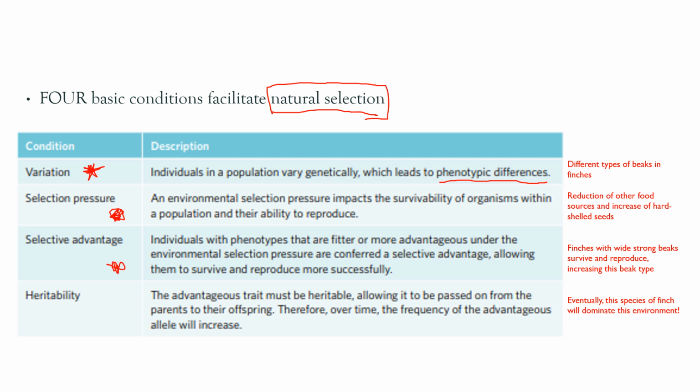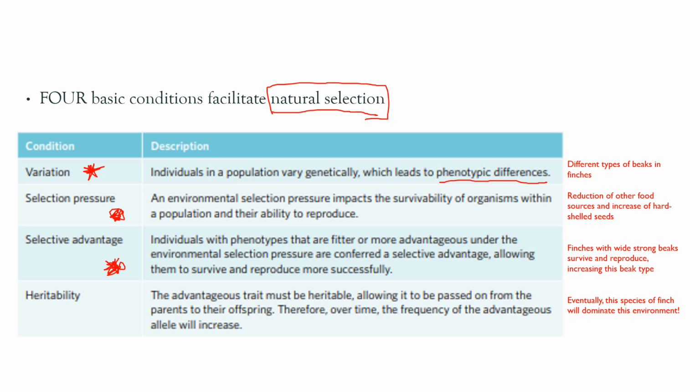We need to have a selective advantage. That's where diversity becomes really important, because the more diversity we have, the more likely we are to see an individual that has a selective advantage. This is when an individual has a phenotype that is more advantageous for the environmental selection pressure, which makes them more likely to survive and reproduce.